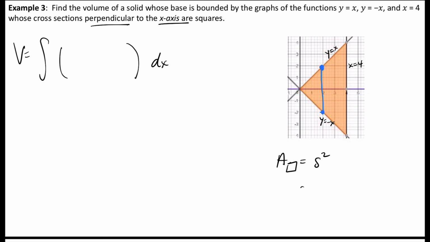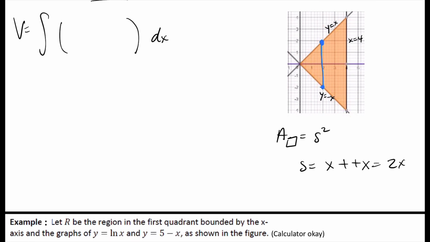So a side length is going to be x minus negative x, which is 2x. So one side length is going to be 2x. Well, that means area is going to be 4x squared. Area would just be that side squared.